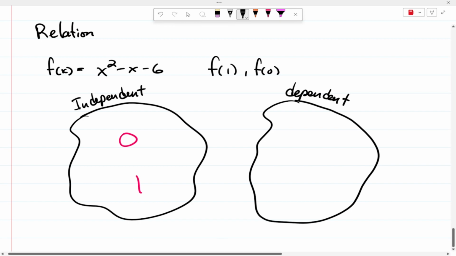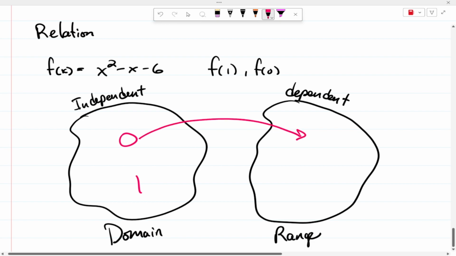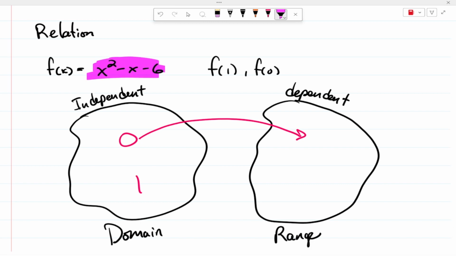In other words, we've got our domain, we've got our range. So the question becomes, how do I go from, let's say, f of 0 over to here? Well, that's called a relation, and that's right here. So this relation, x to the second minus x minus 6, takes a value in the domain and maps that value into the range.